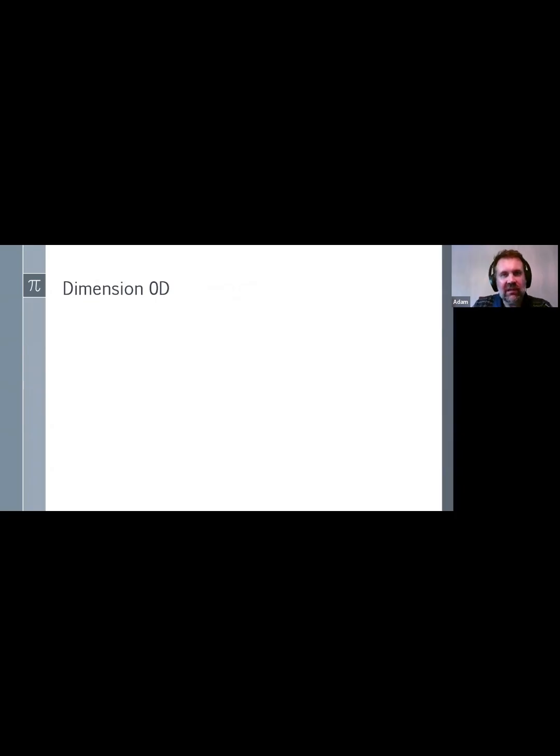0D is the 0 dimension, the dimension without any kind of height, any kind of length, any kind of width. It's basically just a dot. That's what 0D is. It's just basically a dot in space. Even this dot is too big on my PowerPoint slide here.